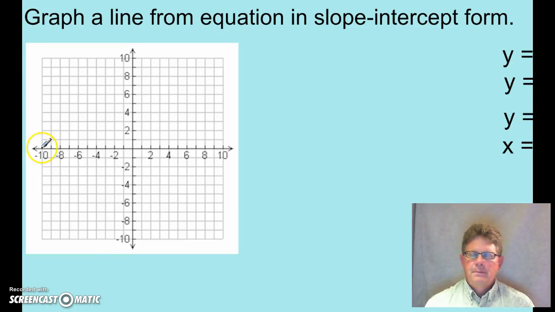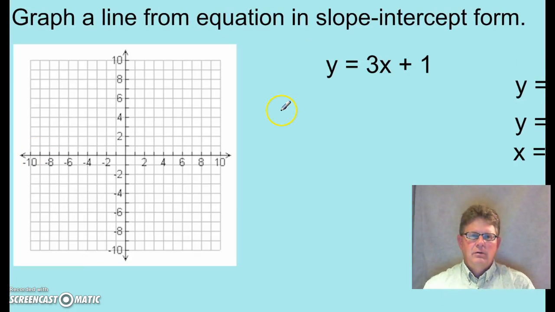Graph a line from the equation in slope-intercept form. Y equals 3x plus 1. The y-intercept is 1, so it crosses the y-axis at 1.